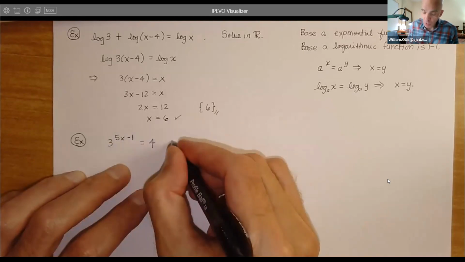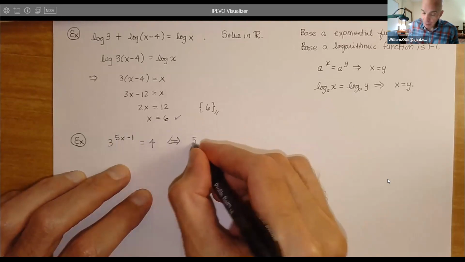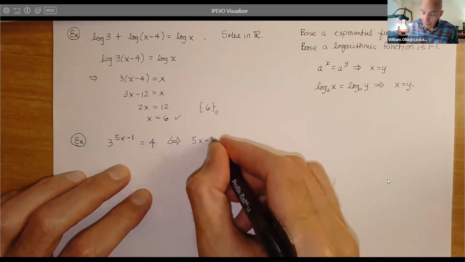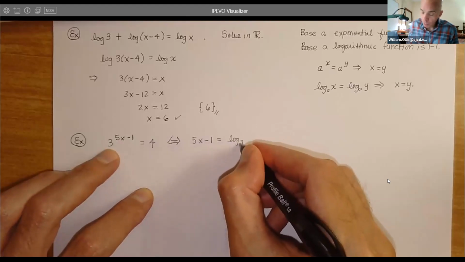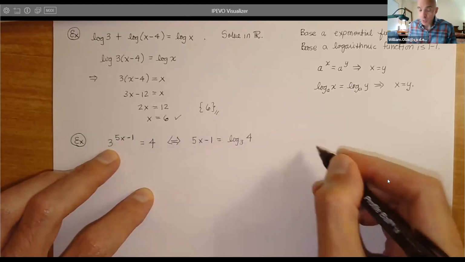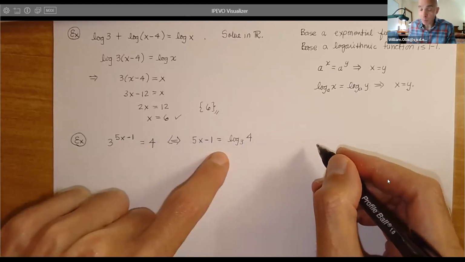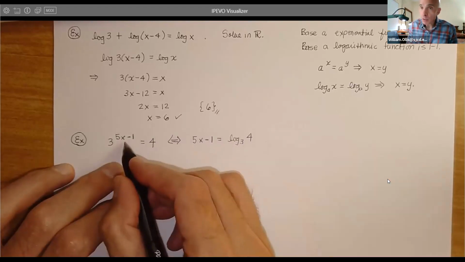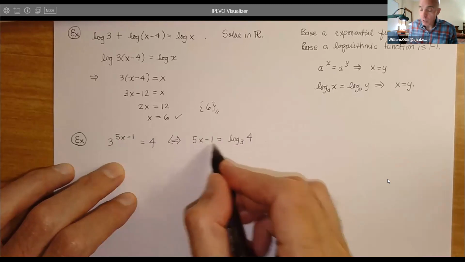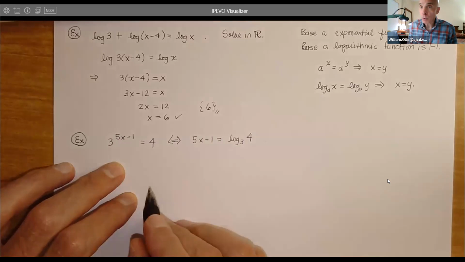So the first thing you can say is 5x minus 1 equals the base 3 logarithm of 4. That's just the standard logarithmic form of this exponential form. What's a logarithm? The power of the base. So 5x minus 1 is indeed a logarithm. It is the base 3 logarithm of 4.